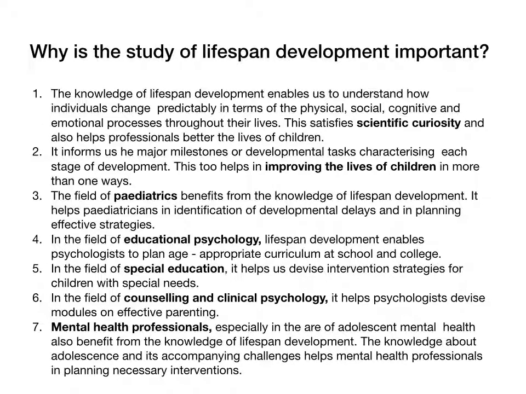In simpler words, at each stage of development, there are certain tasks or accomplishments which a child or an individual makes, which then leads to the child's or individual's transition to the next stage.